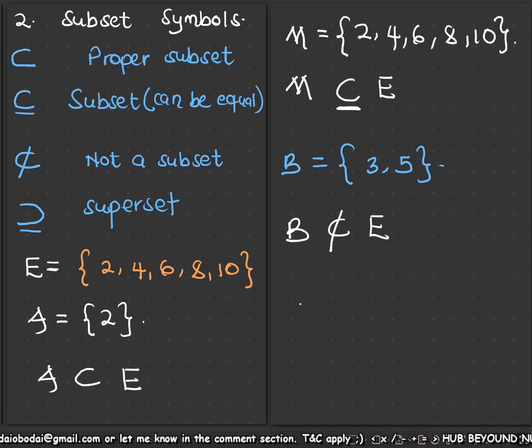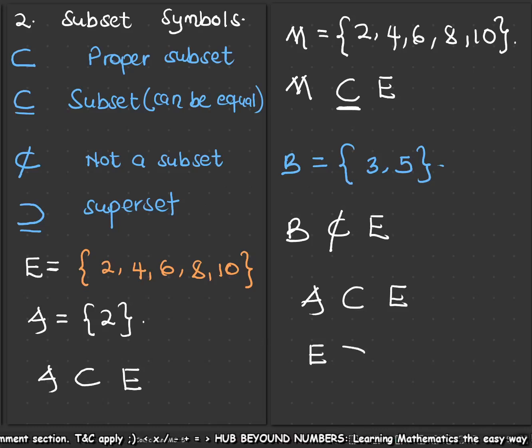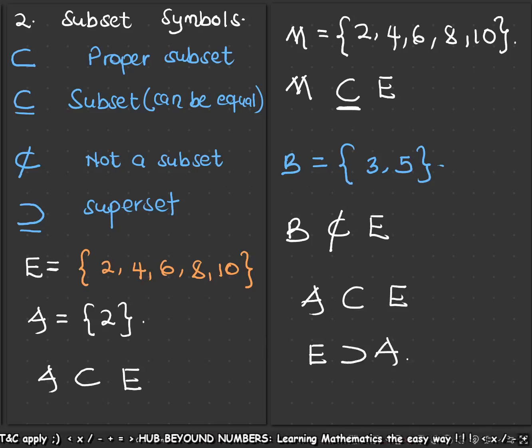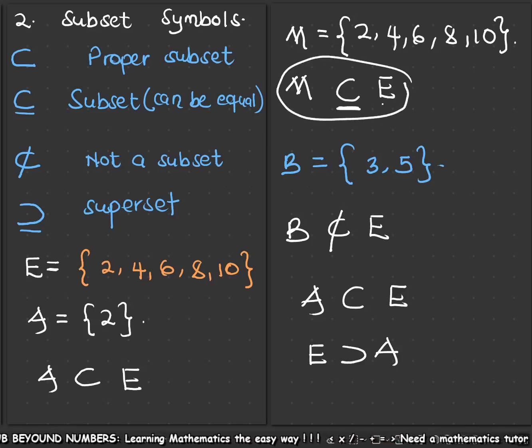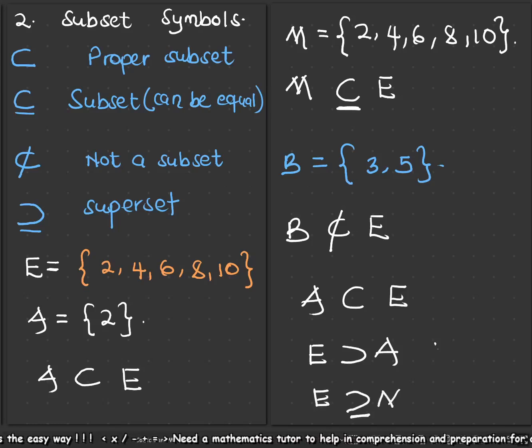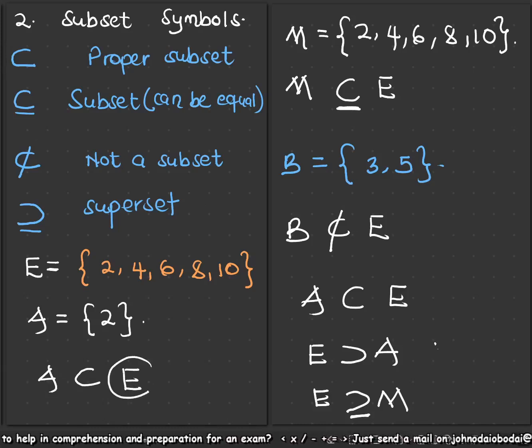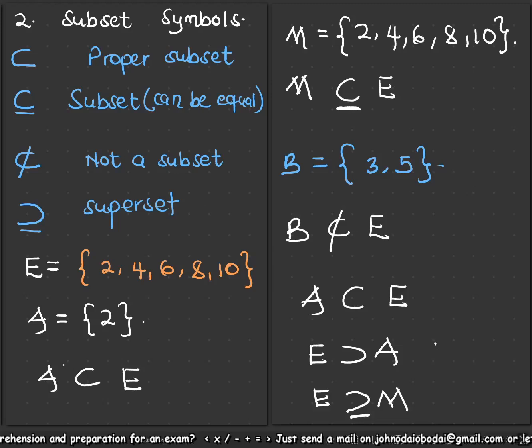If you are saying A is a subset of E, we can turn it around and say E is a superset of A. In the case of M and E, which are equal, we can say E is a superset of M. All we mean is, this subset symbol means the first one is inside the second one, and if you want to reverse it and say E is a superset of A, that is what it means.